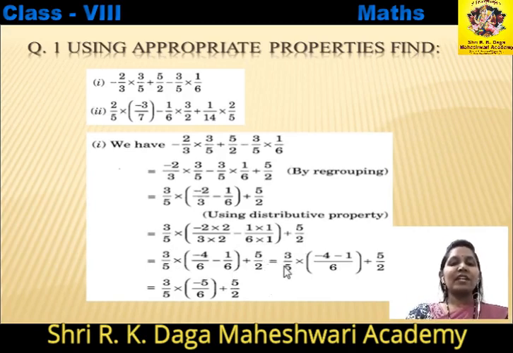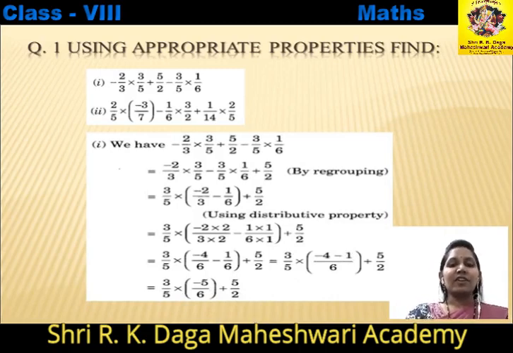Now when we solve this, we will get 3 by 5 into 6 in denominator because now both denominators are same, and in numerator we have minus 4 minus 1 plus 5 by 2 as it is. Now when we solve these terms, we will get 3 by 5 into minus 4 minus 1 is minus 5 by 6 plus 5 by 2.